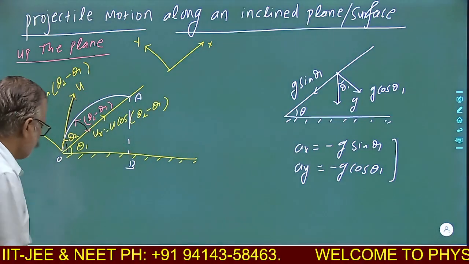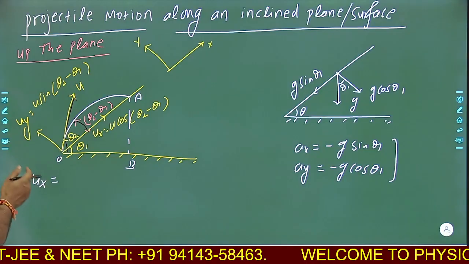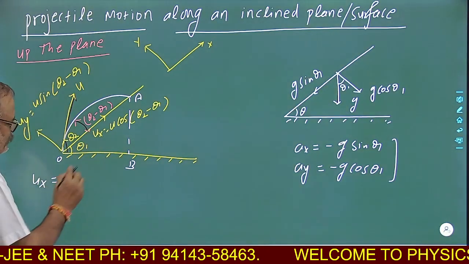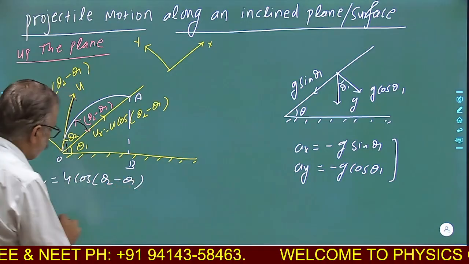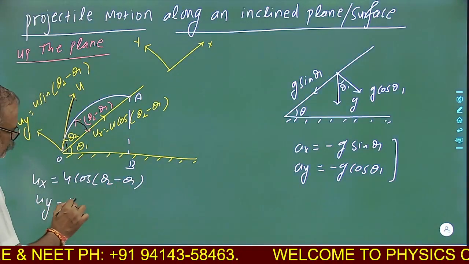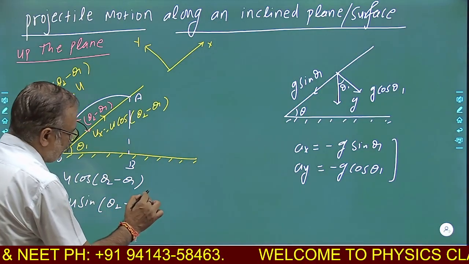That's clear. Horizontal component means component of initial velocity along the x direction, u cos of theta2 minus theta1, along the y direction, u sin of theta2 minus theta1.